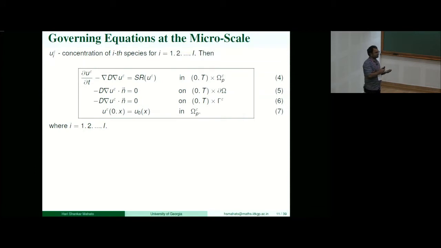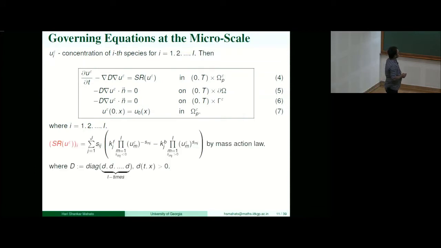Mass action kinetics says that the reaction rate term can be represented as the forward reaction rate minus the backward reaction rate. In the forward reaction rate, as you can see here, we have the product of concentrations of I chemical species: u_ε^1, u_ε^2, u_ε^3 up to u_ε^I.